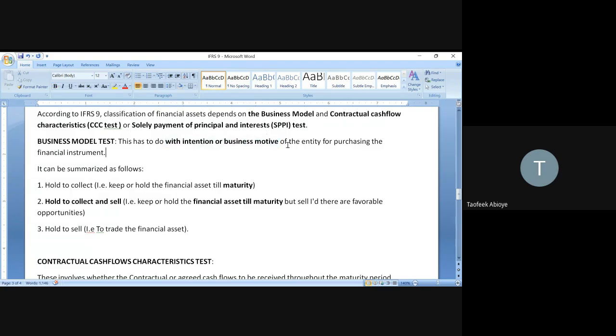And that intention must not change until the end of year one. If you change it, you now reclassify that financial asset. That's what the standard says. But at the beginning of the contract, you must identify your intention. So these three are the business model.